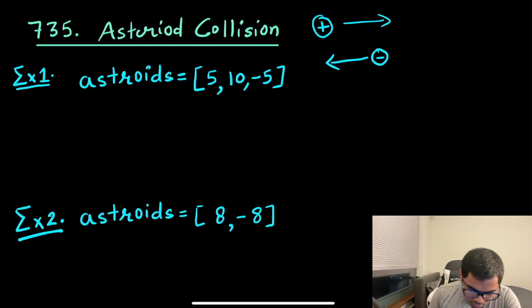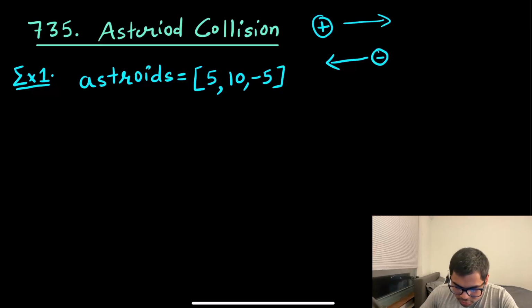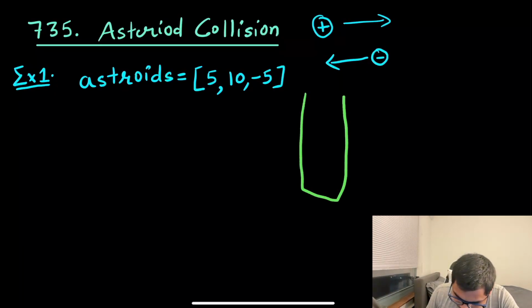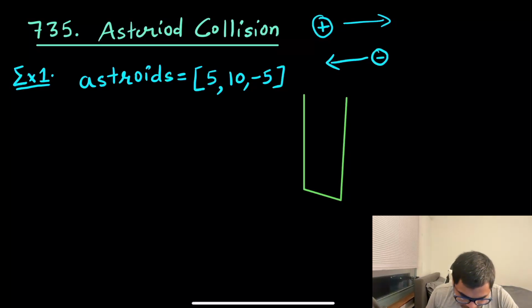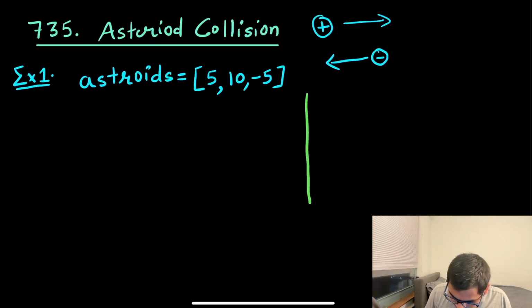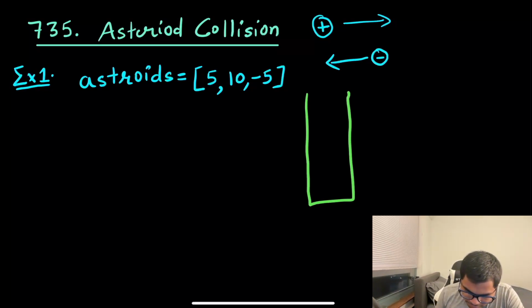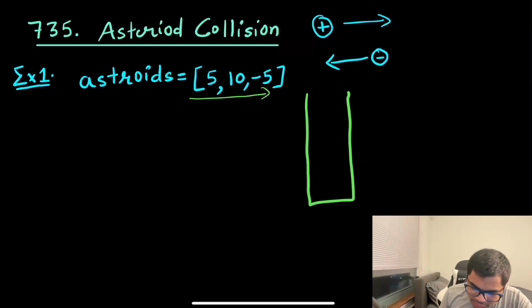All right, so what do we do now? Let's draw a beautiful stack right here, that does not look like a stack. Anyway, we're going to draw a stack like this. Then we're going to go over our asteroids from left to right, and these are the conditions that we will be checking. So we'll go over all the asteroids.